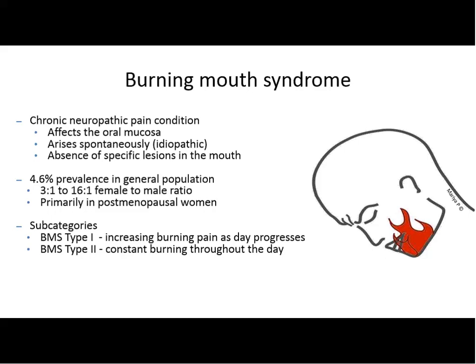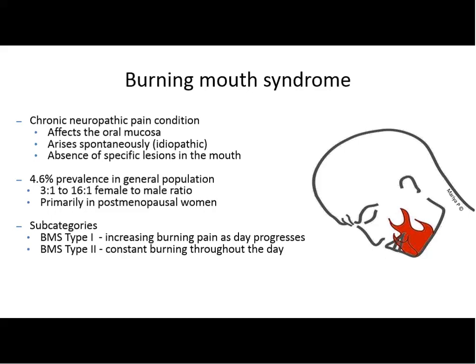In BMS type 1, patients generally wake up in the morning pain-free. As the day goes on to about mid-afternoon to early evening, the spontaneous burning pain becomes maximal. And then as the night goes on, it breaks and patients actually sleep pretty well through the night. Different than any other chronic pain that I'm aware of, but it's an extremely consistent pattern.